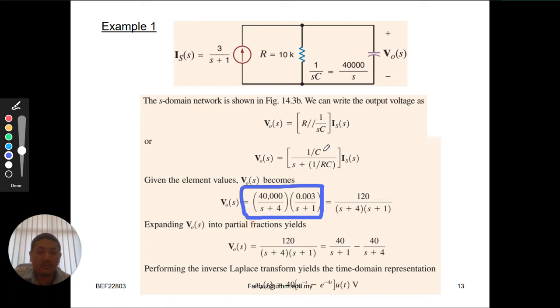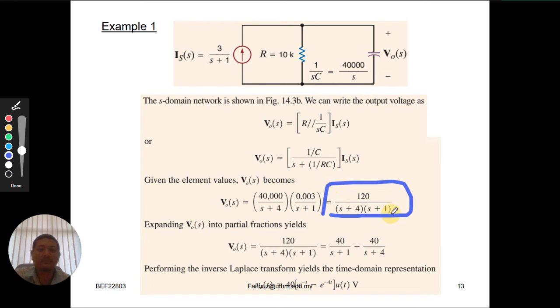Try to do the calculation, and then you will get this. Just replace R with 10k, replace 1 over SC with 40,000 over S, and then replace I(s) with 3 over S plus 1. Then finally you will get this.